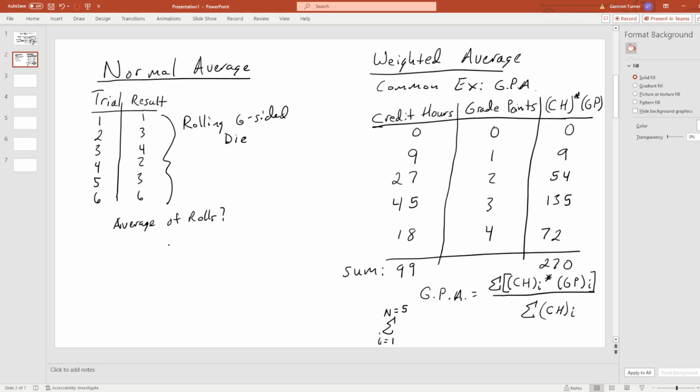Now, I think that everybody here knows how to do this, right? So what we would do is we would just add up all of the results and then divide by the number of trials, in this case 6. So this is going to be 1 plus 3 is 4, plus 4 is 8, 10, 13, 19. So this is 19 divided by 6, which is 3 1/6.